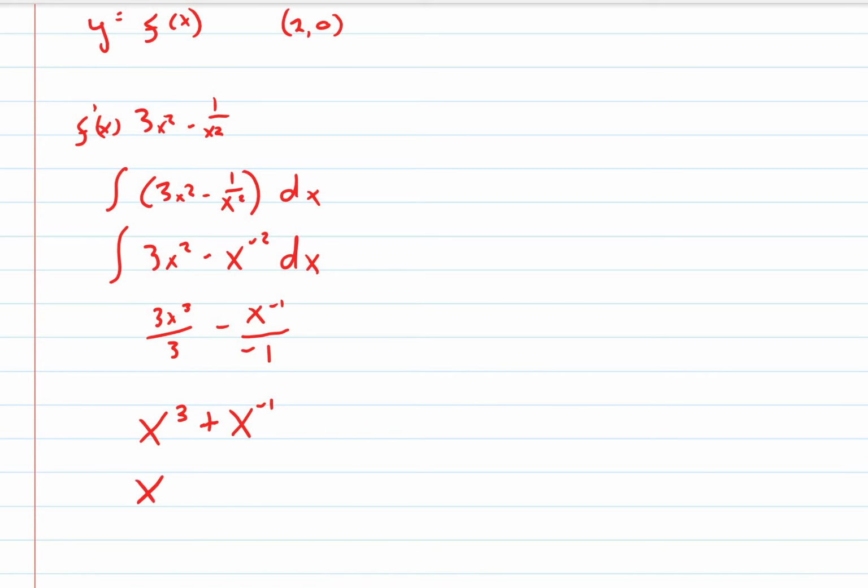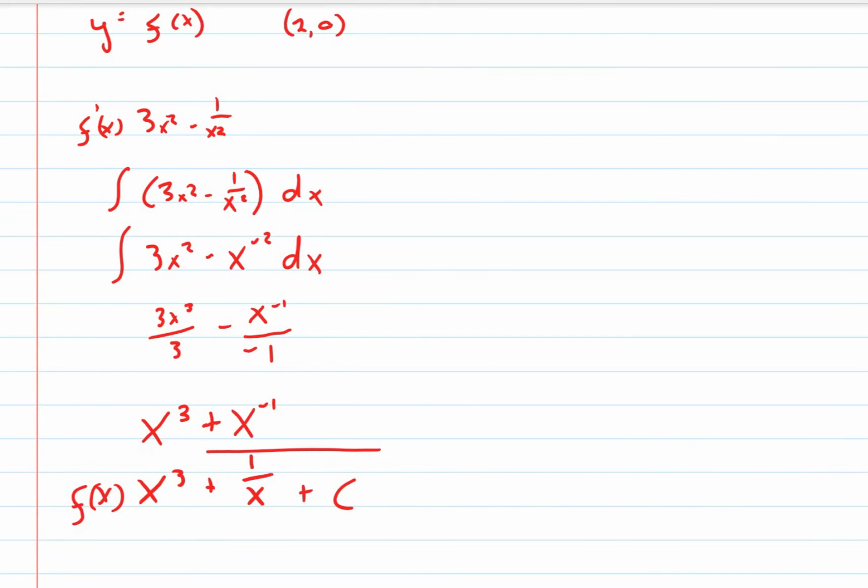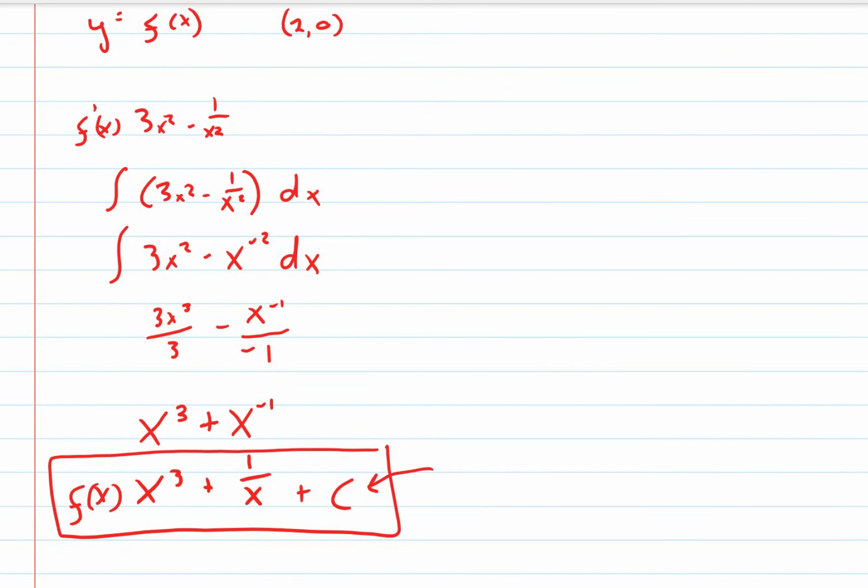And I can rewrite that again if I want. I could leave it like that, or I could say x cubed plus 1 over x. So there is f(x), and remember, plus c. Okay, so far that's what we've learned to do, and we just add in that plus c.